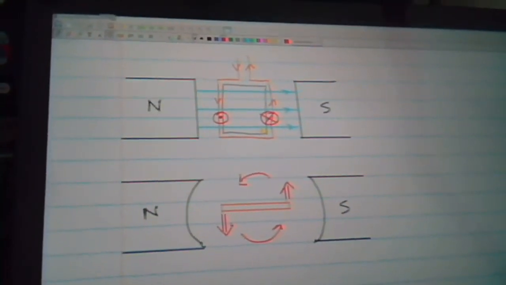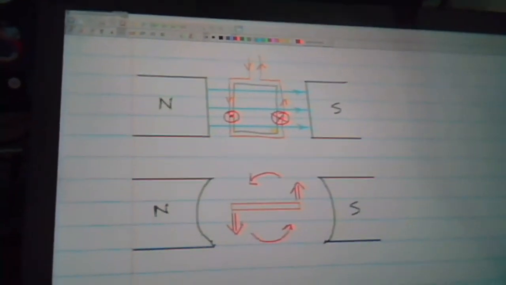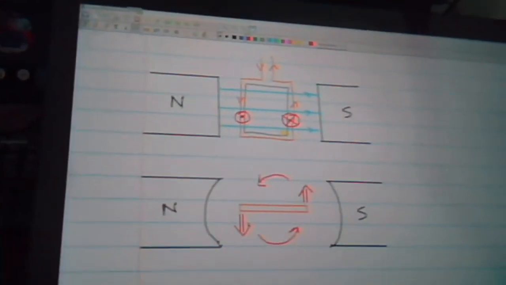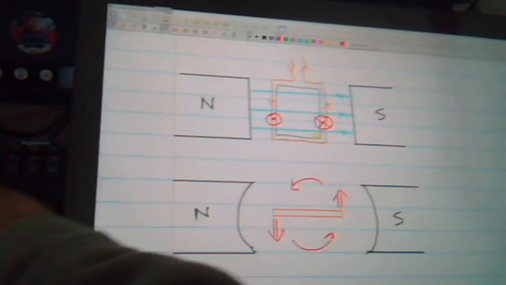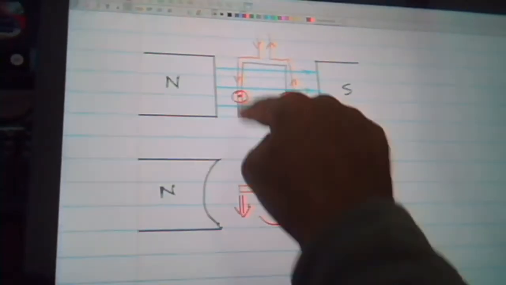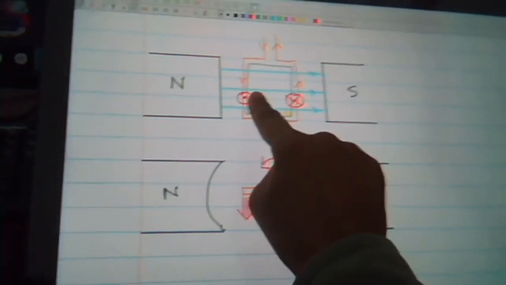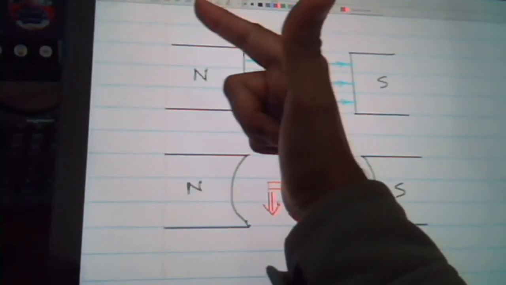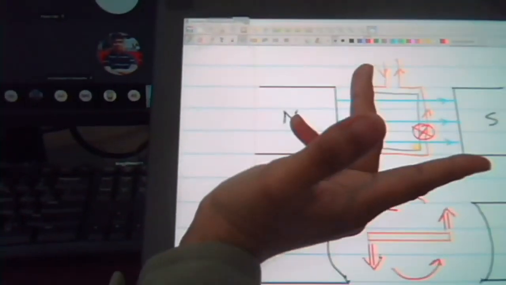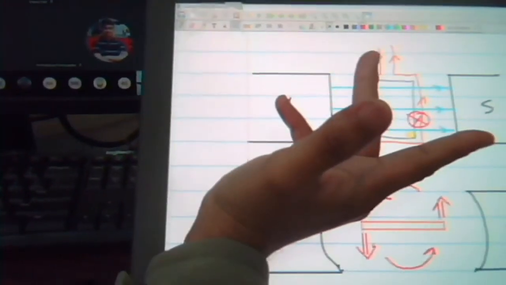Now let us find out the direction of that induced EMF. To find that, I have to use my right hand. Here at this point the motion is outwards and the flux is towards the right. So my middle finger is pointing upwards.